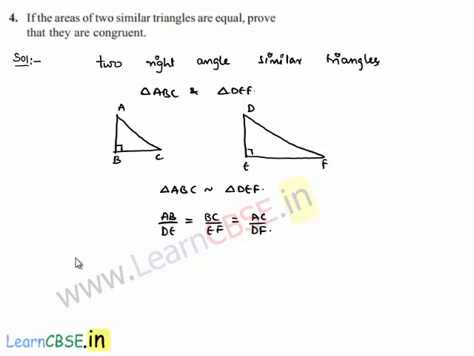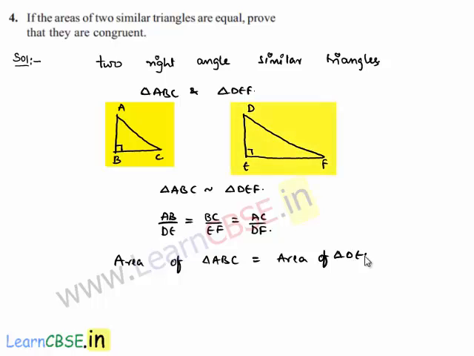Now, let us find the ratio of the two triangles, as it is given that area of two similar triangles are equal. So, area of triangle ABC is equal to area of triangle DEF.